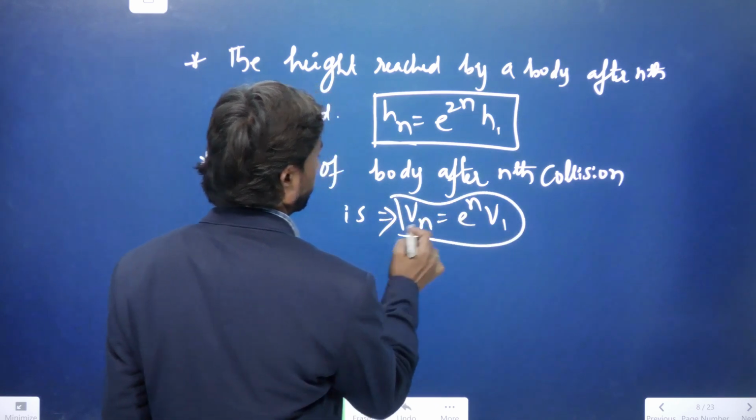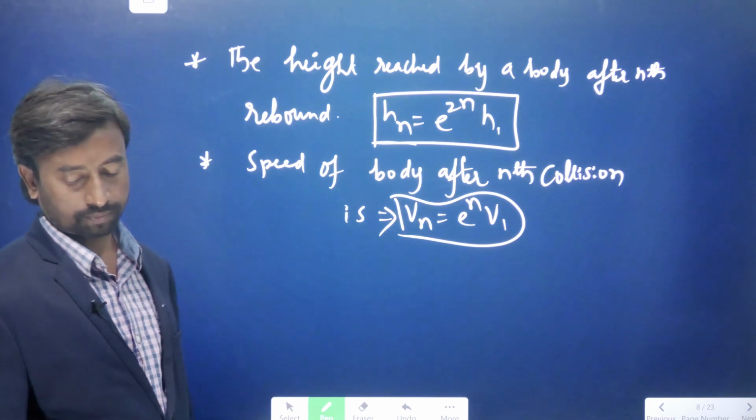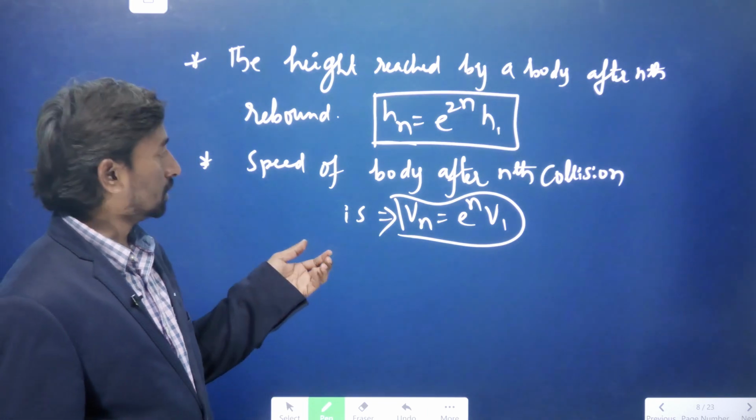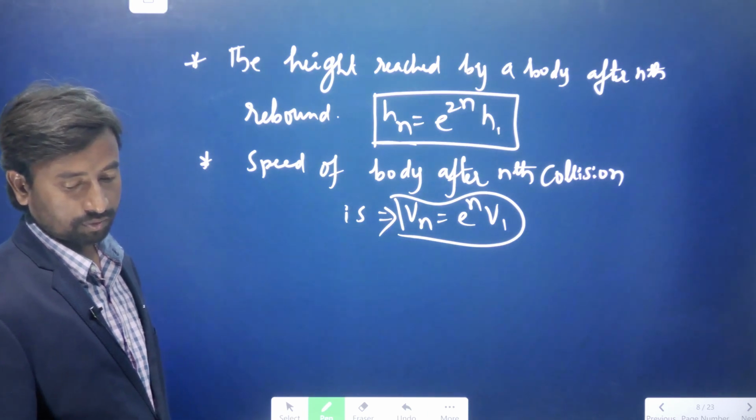So V1 is the initial speed and V2 will be the final speed we can have there. So the derivations of all this we can study in next classes, in higher studies we can see there.